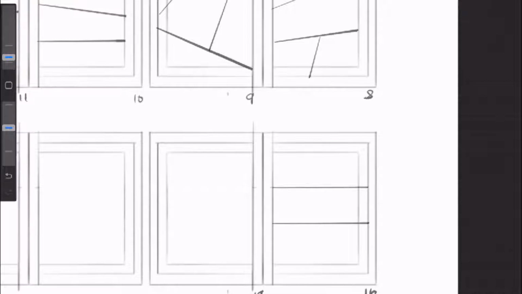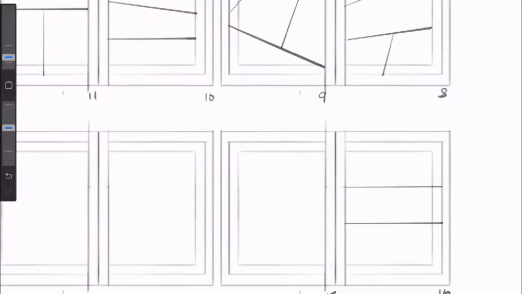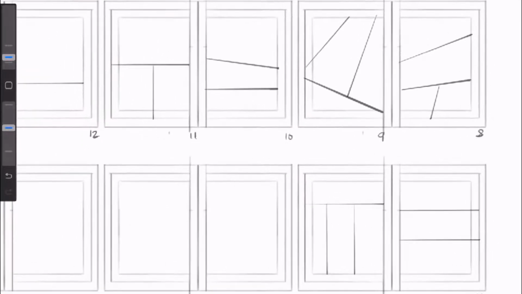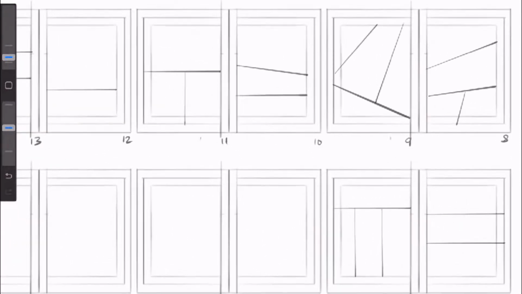In the camera, see a lot of it. I might actually go for one other panel, or one other page with more panels.